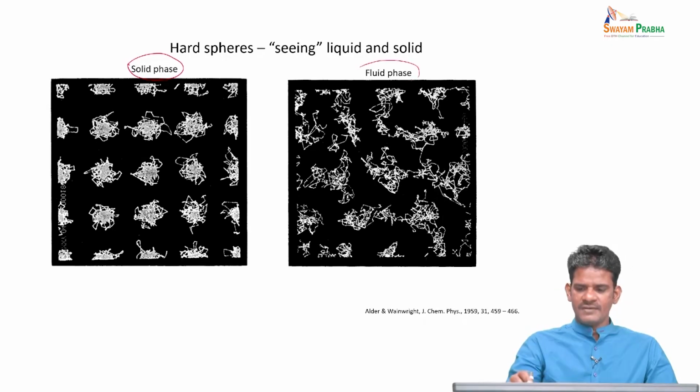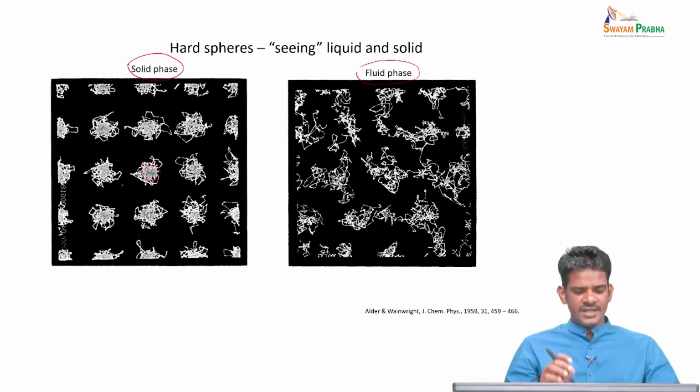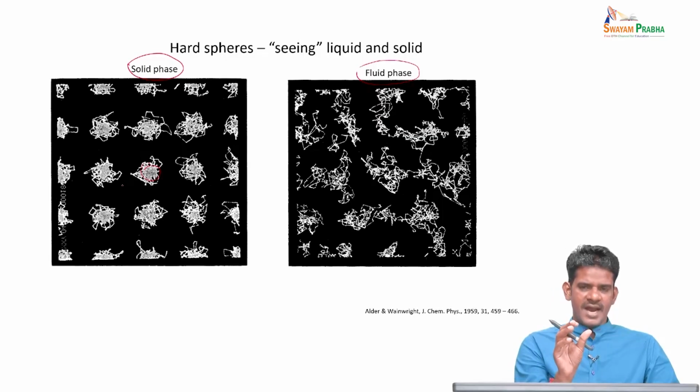On the right hand side you have a dynamics of a fluid phase. What you see, this jiggling motion here, is basically atoms placed in a lattice, and then you look at how the atoms move in a solid material, and you can see the atoms are jiggling about their position, but then they are not diffusing away. Okay, so they are bound to the lattice points, but they are very agitated and they are jiggling around their lattice points.